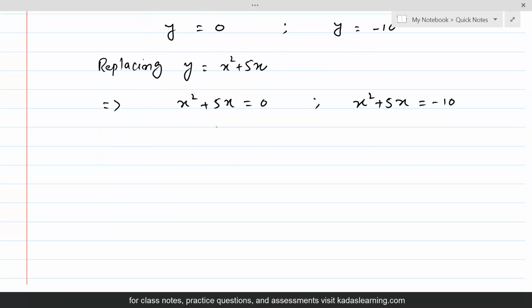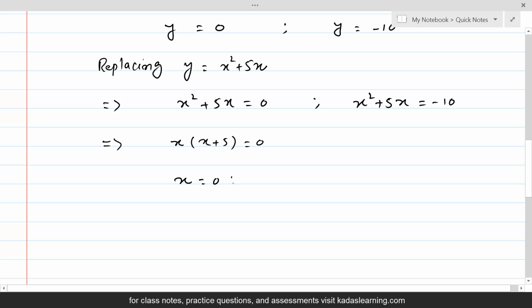Now we will solve these quadratic equations, which will result in 4 values of x, and that will be our required solution. Taking x common, x times x plus 5 equal to 0, so x equal to 0 or x equal to minus 5.